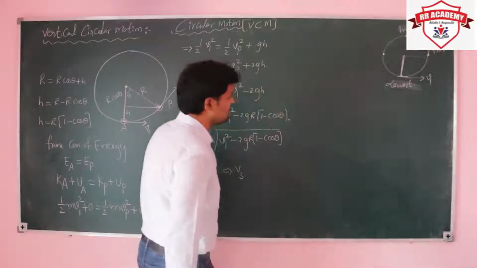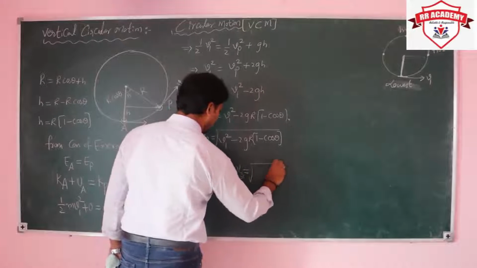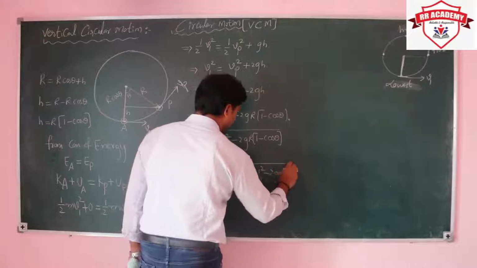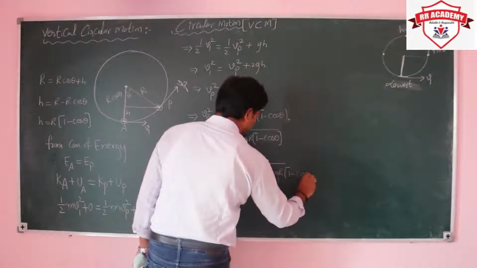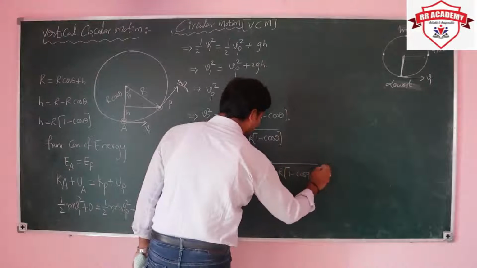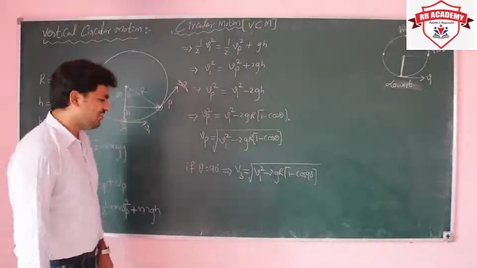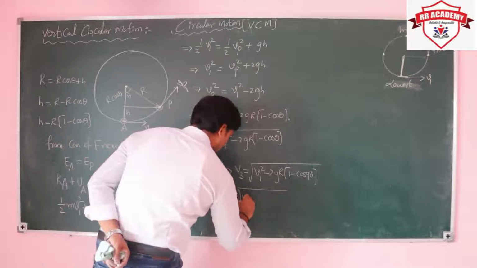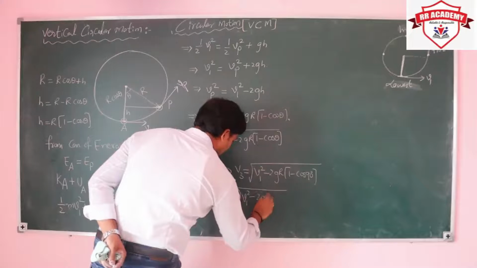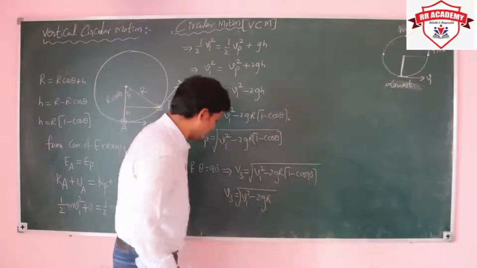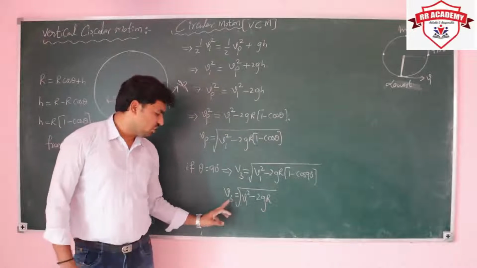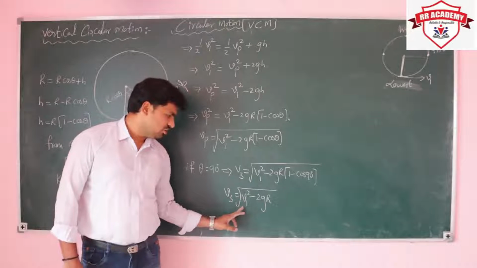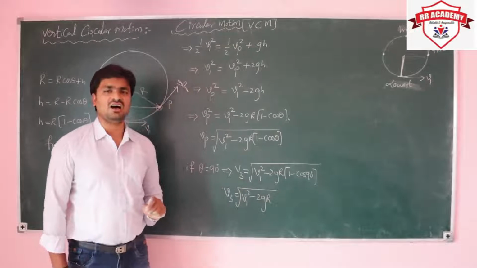So v3 is equal to under root of v1 square minus 2gr into 1 minus cos 90. What is the value of cos 90? Cos 90 is 0. Then v3 is equal to under root v1 square minus 2gr. That is the velocity from the lowest point to the horizontal position.